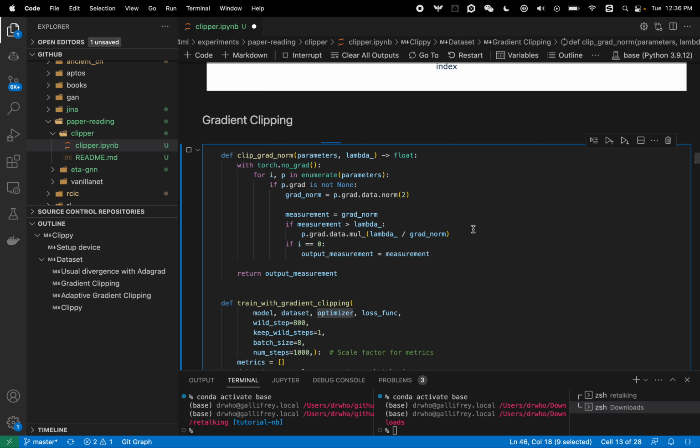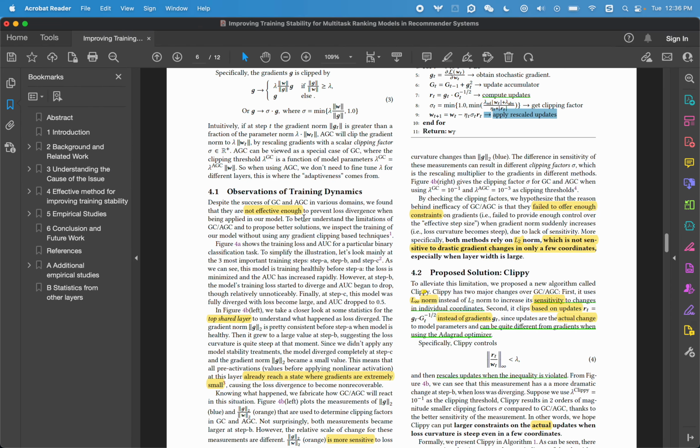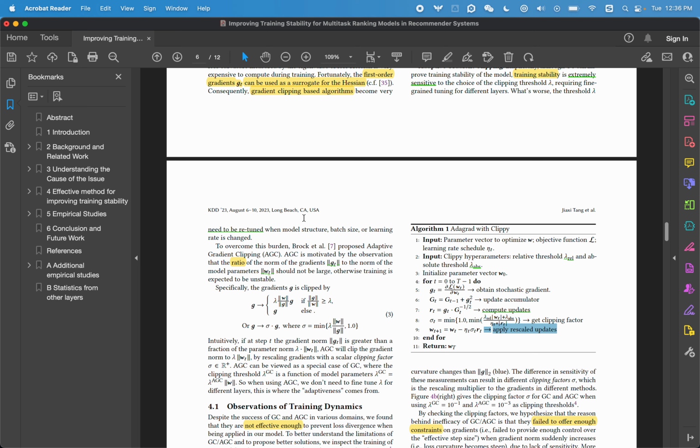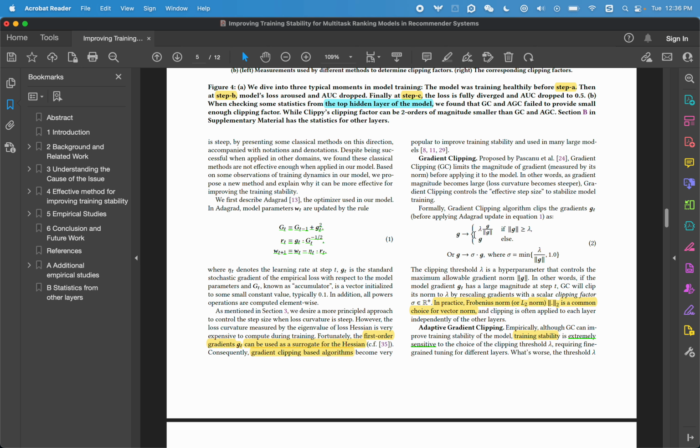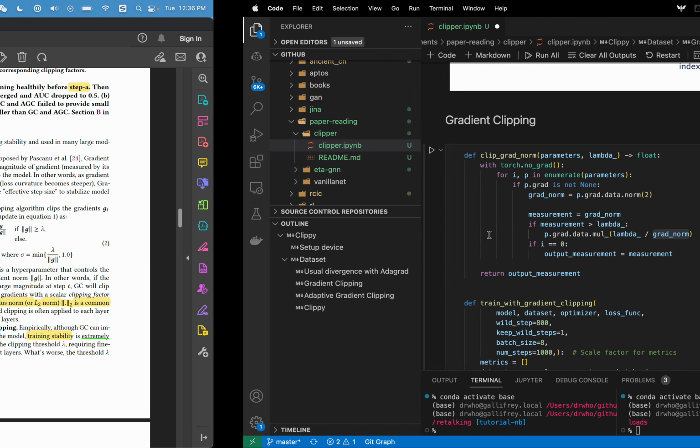The function is defined here, which is basically, if the measurement, the L2 norm of the gradient, is larger than a certain lambda, I use this lambda divided by the grad norm, exactly like the paper described. If the measurement is larger than the lambda, we multiply by this and divide by this, to scale the whole thing.